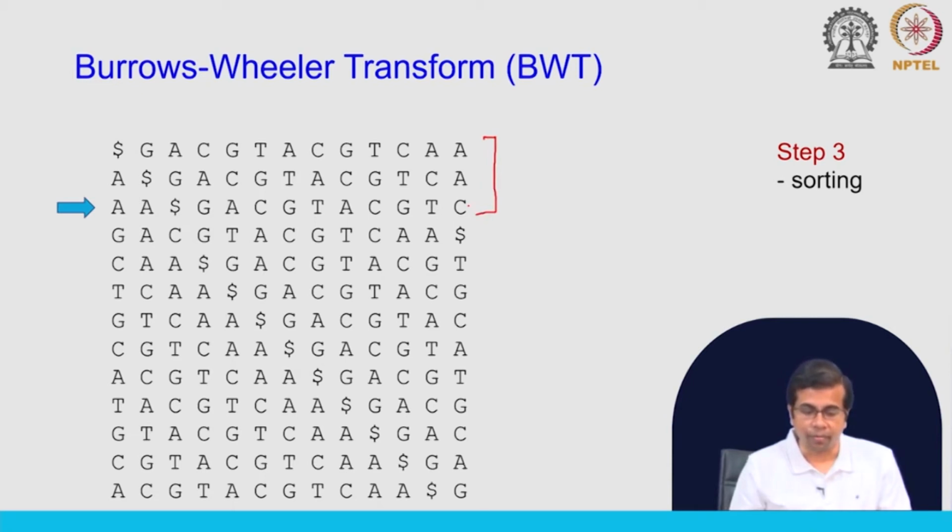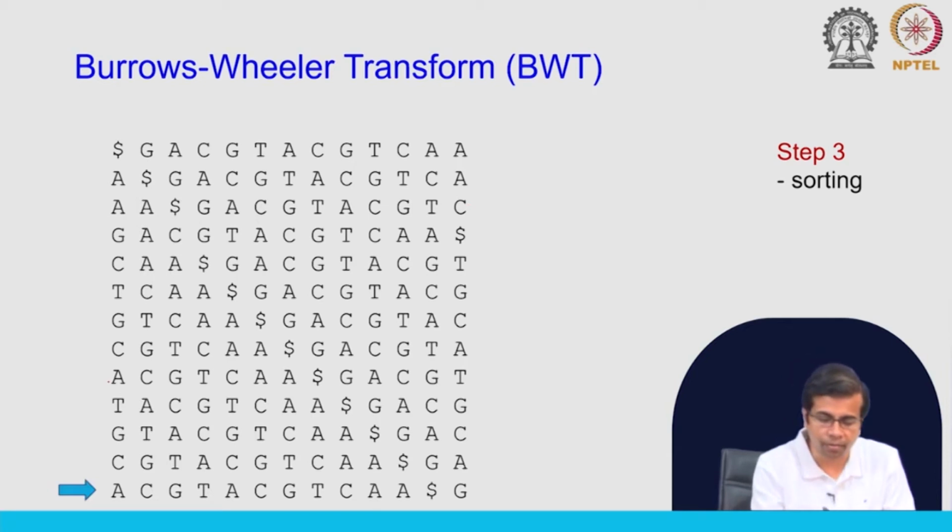So, we continue, and for this one we have now this one here. Again we have two strings that start with A, and the second letter is also same for these two, C, C. Third letter is also same, fourth letter is also same.